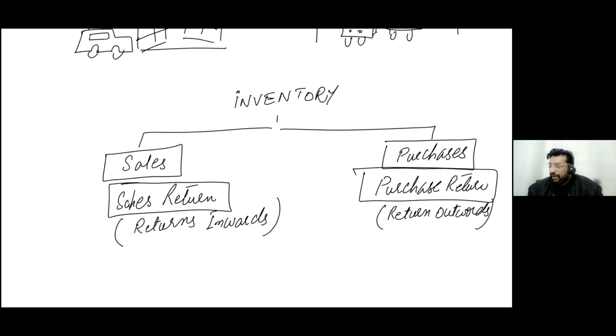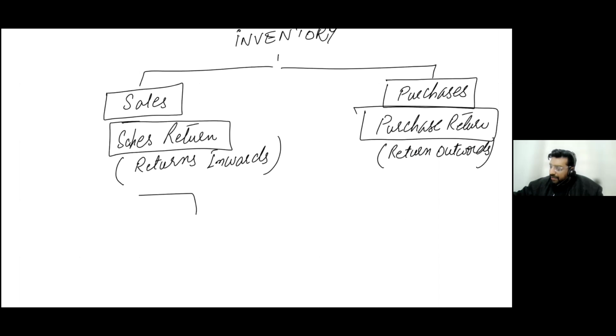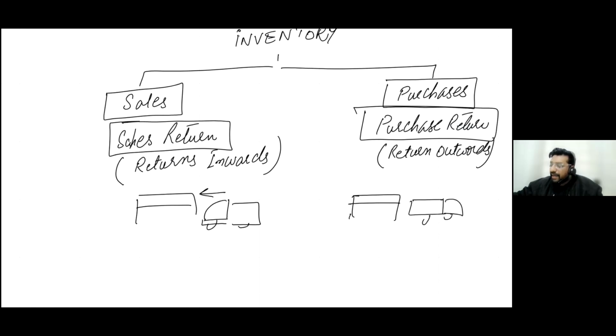So, as the name suggests, return inwards means the return which is coming to our shop. And if we are returning the goods, we are returning the inventory, that's going to be returns outwards because that's going out.